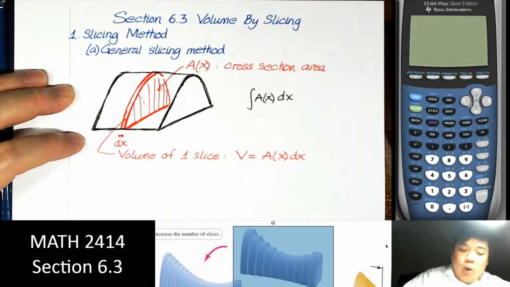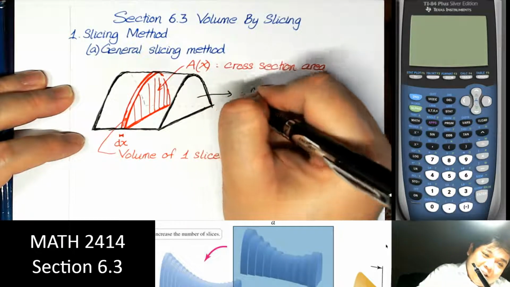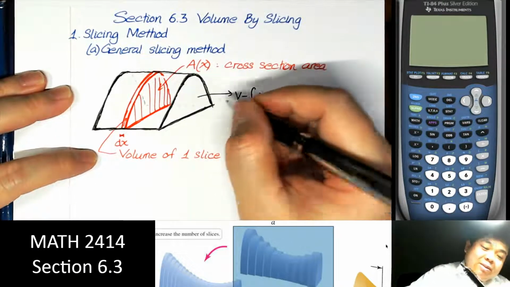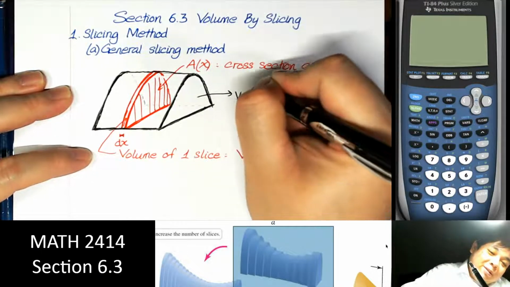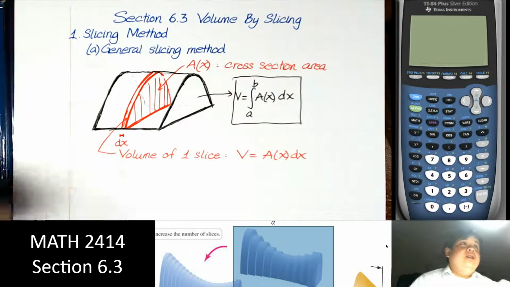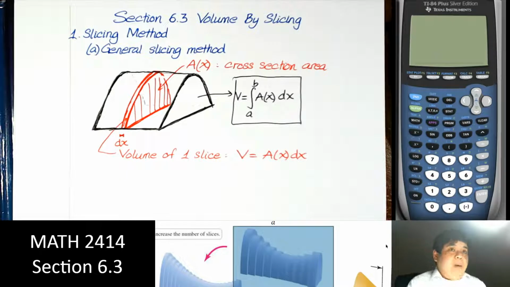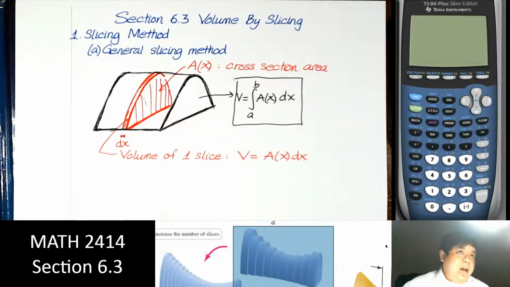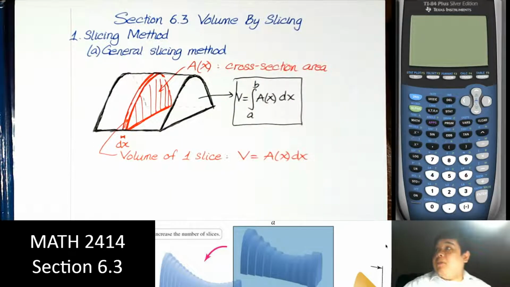And the volume of the whole thing will be the sum of all of those slices. So this is the volume by slicing. Once again, dx, the width, and then the cross-sectional area.